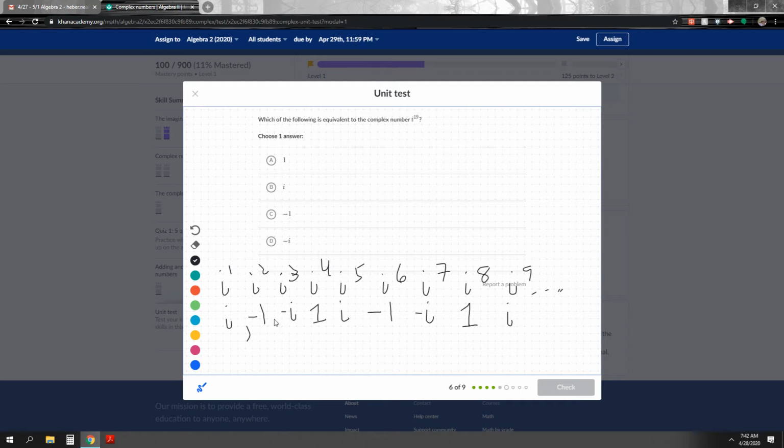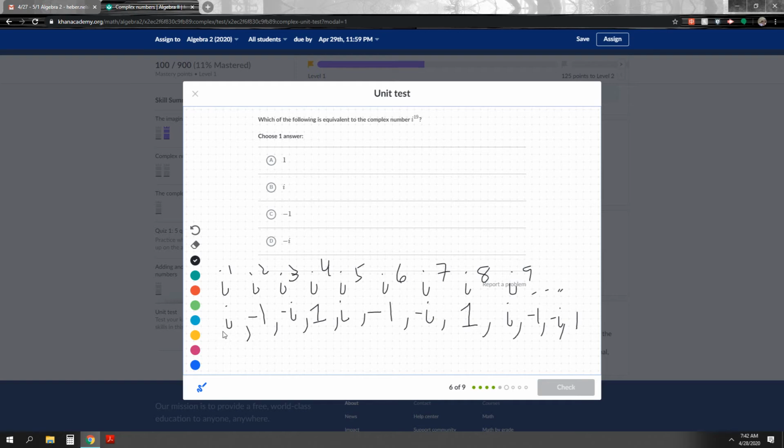And notice this actually makes a pattern. You can see this pattern pretty easily: i, -1, negative i, 1. i, -1, negative i, 1. i, -1, negative i, 1.